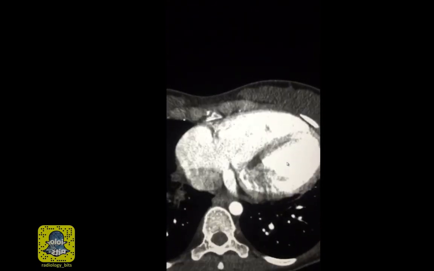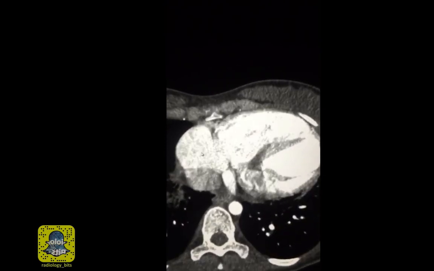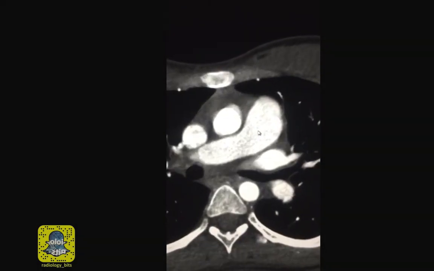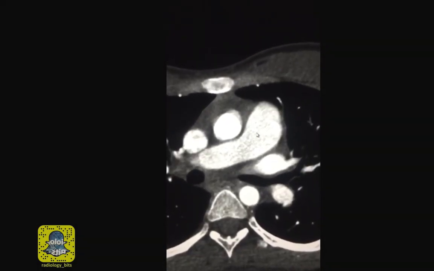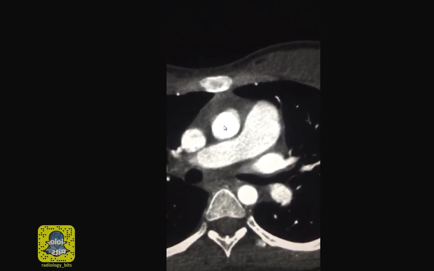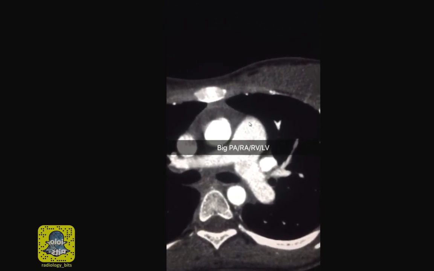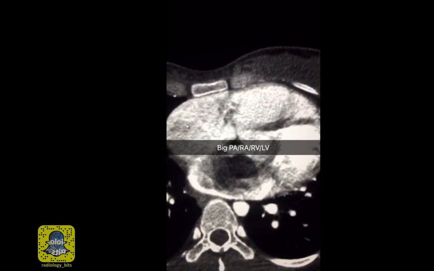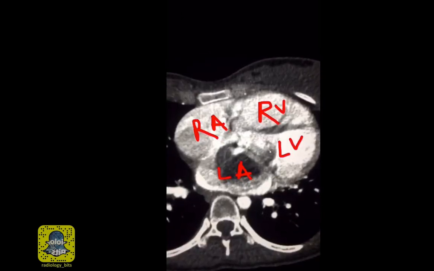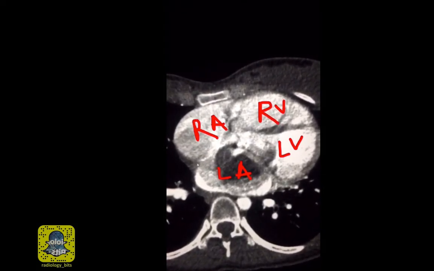And although the left ventricle is subjectively of normal size, the right ventricle and right atrium are dilated as well. Finally, in a normal patient, the pulmonary artery should be smaller than the adjacent ascending aorta. Here, the case is the opposite. So you have dilatation of the pulmonary artery, dilatation of the right ventricle, dilatation of the right atrium, and of the left atrium. So what could be the cause of this filling defect that's centered within the cavity of the left atrium?